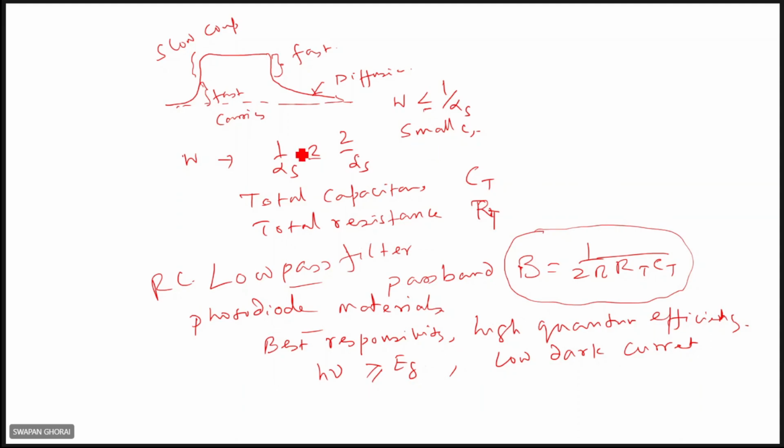If the depletion layer is very thin, then carriers will not be collected; they will diffuse back into the depletion region, right? So these things are there. That's why one typical example is shown here, where the depletion layer is thin and capacitance is small. Then you see some tail here.